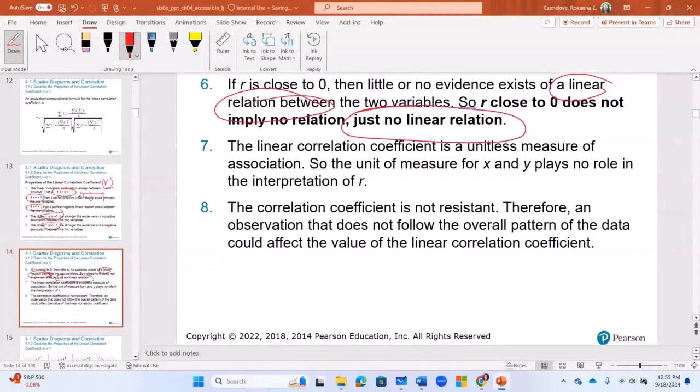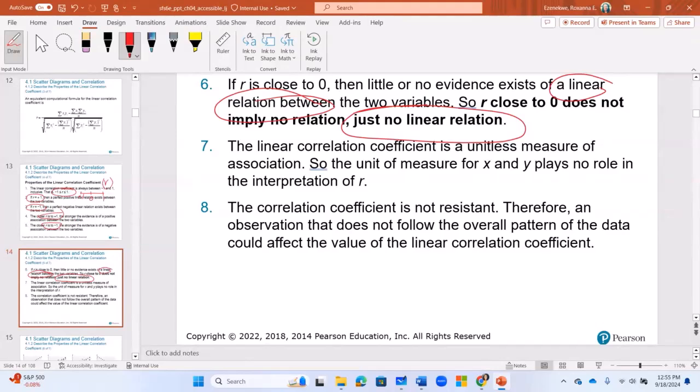You must know that if R is close to 0, it does not mean no relationship, because there could be a relationship that is not linear. I want to emphasize that. So if you write no relationship, the computer will give you a wrong answer. I mean, give you a 0, because really there could be a relationship, but it's just not linear.